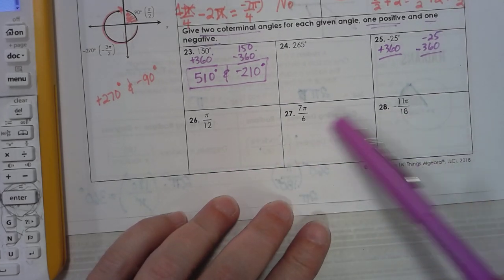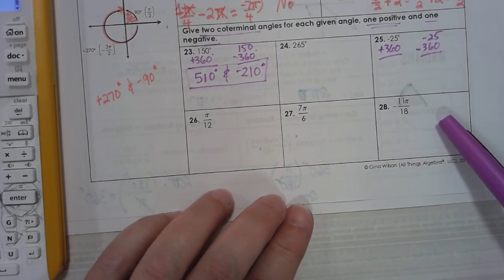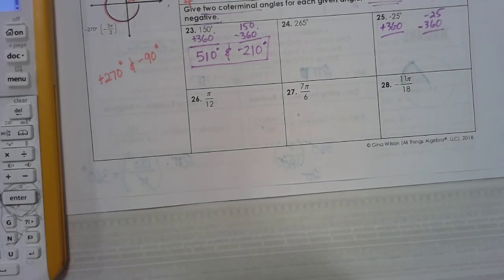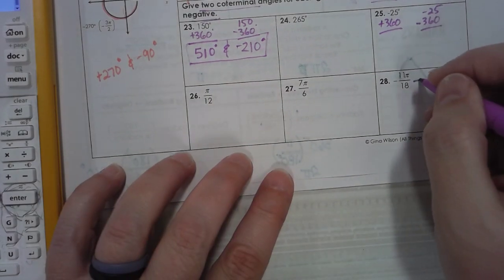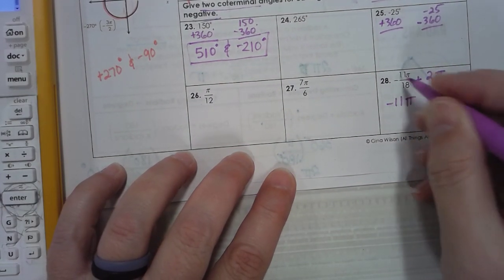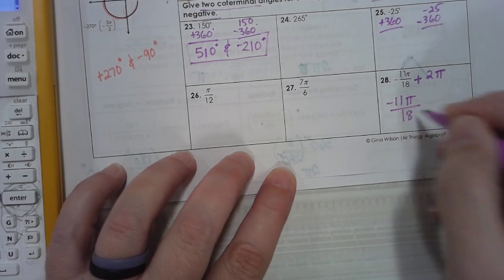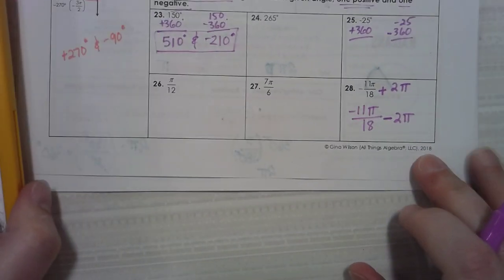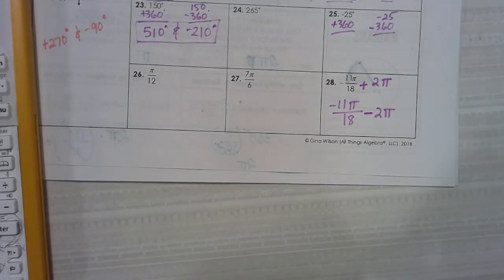Let's pick one down here with our radians. So instead of adding 360, what do we add for radians? 2 pi? Yep. So we're going to plus 2 pi, and then we're going to do the same thing. This one says negative 11 pi over 18, and we're going to subtract the 2 pi. So one is plus, one is minus.